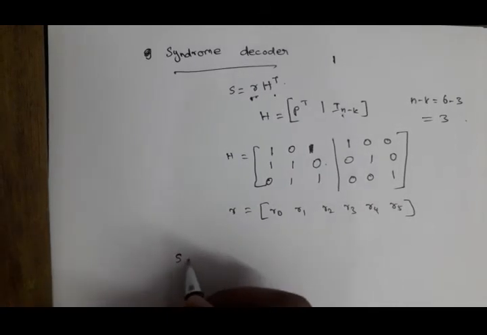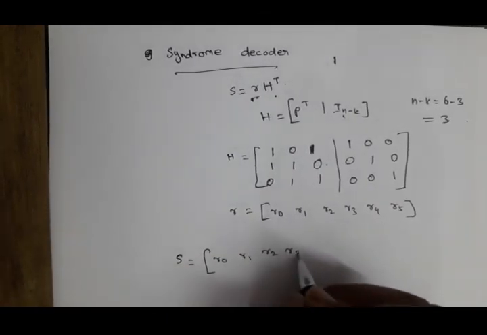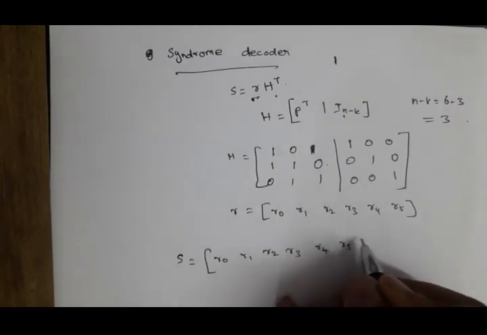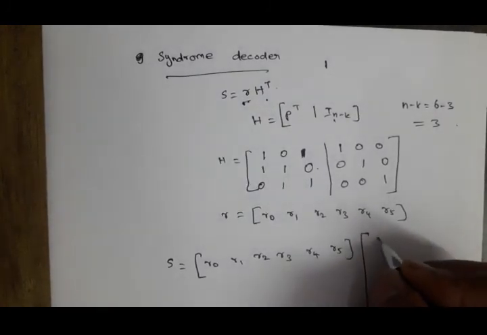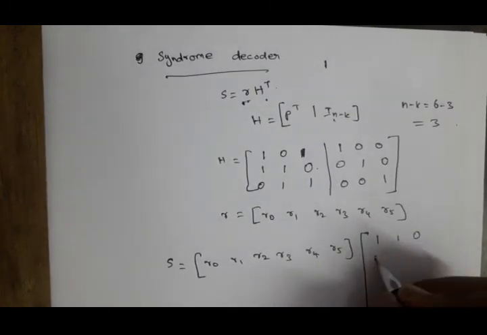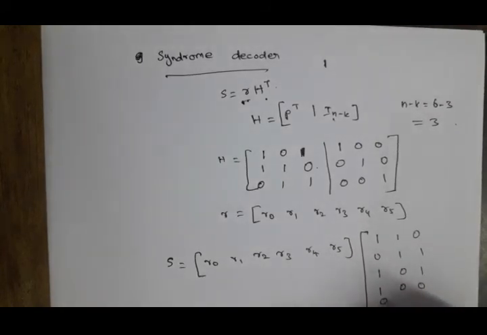That's why S can be written as R0, R1, R2, R3, R4, R5 multiplied by H transpose: 1 1 0, 0 1 1, 1 0 1, 1 0 0, 0 1 0, 0 0 1.